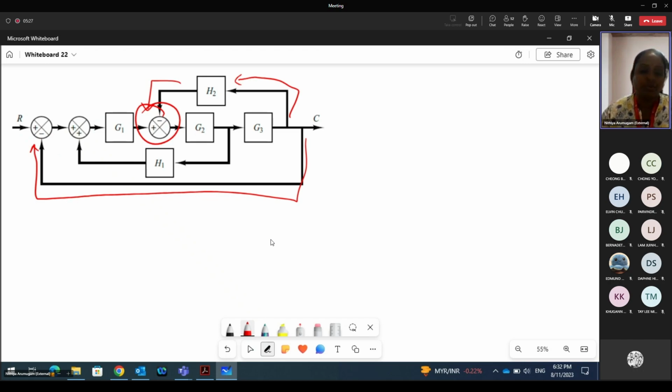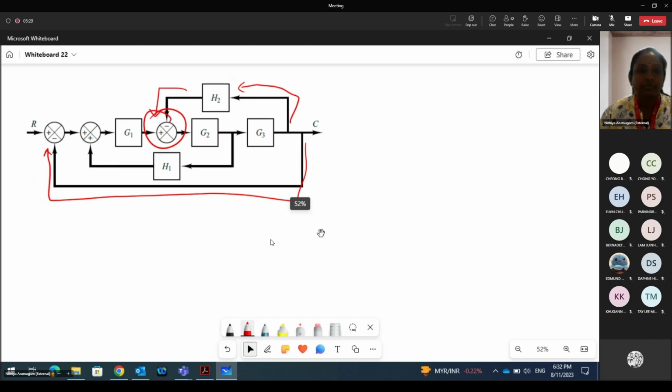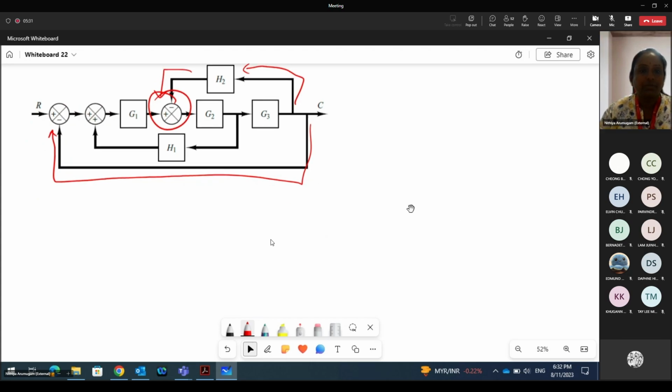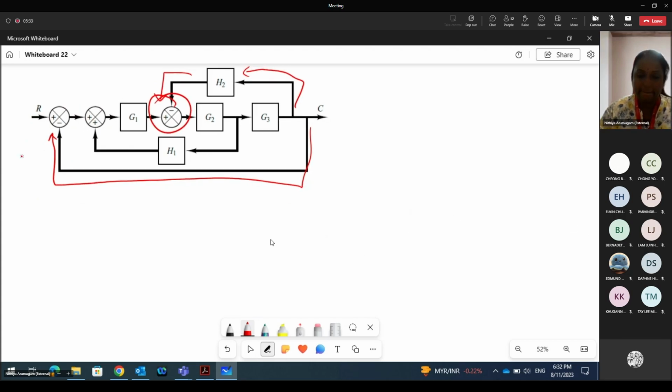So how to move that? We're going to have R here.